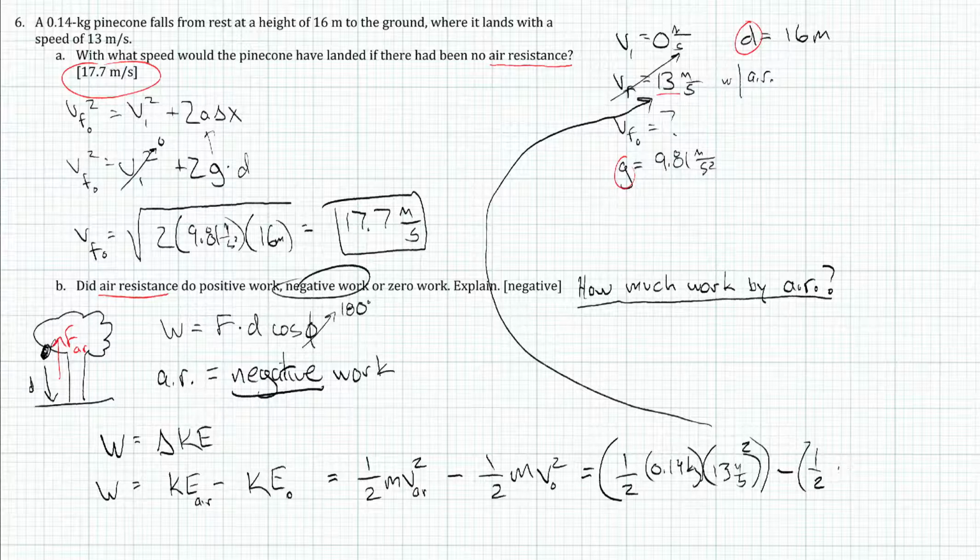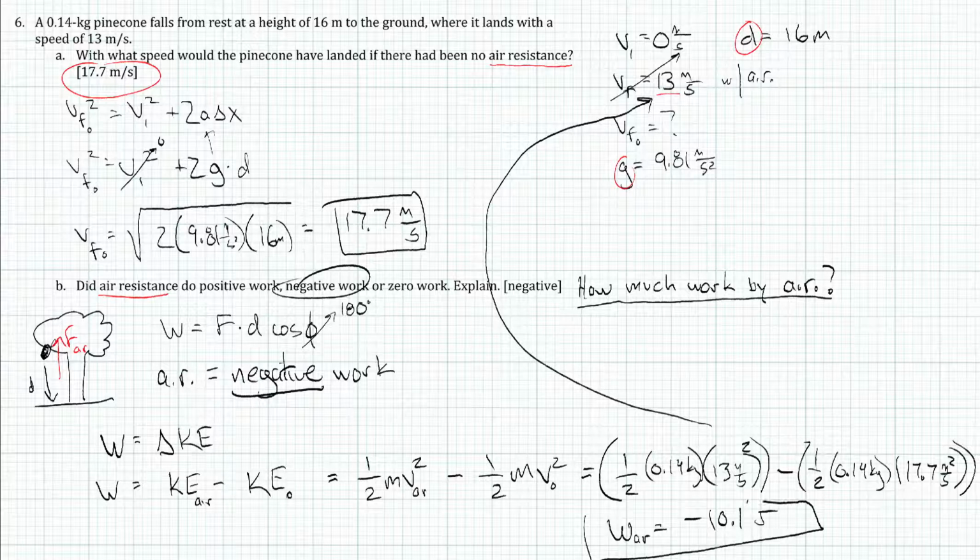There we go. 1/2 times 0.14 kilograms, that's the mass of the pine cone, times what's our final velocity if there had been no air resistance? Well, we calculated that. That was 17.7 meters per second, and we're going to square that too. So what do you get if you calculate that difference in kinetic energy? What I get is that the work that is done by air resistance is going to be negative 10.1 joules.